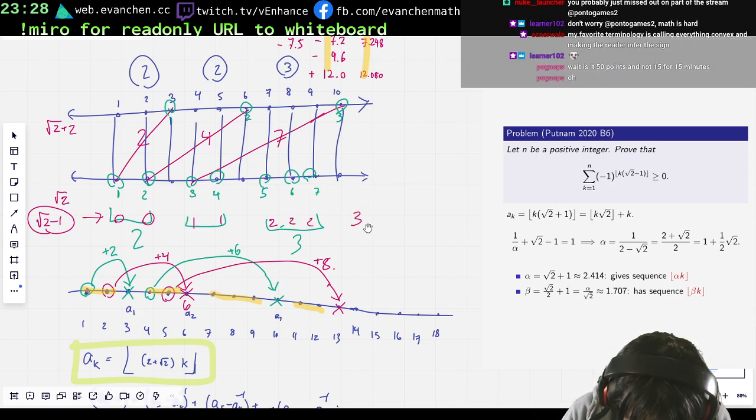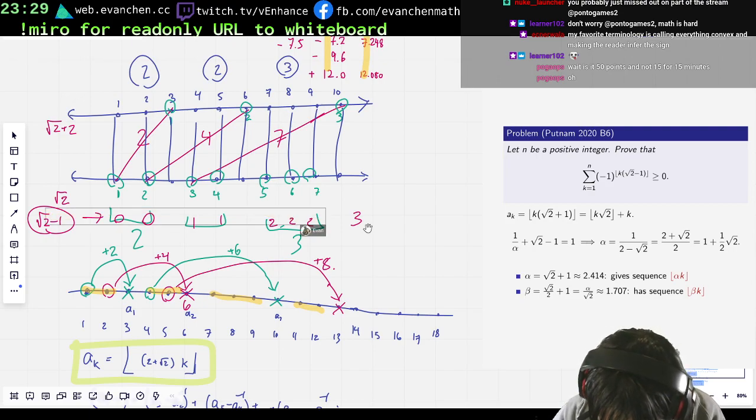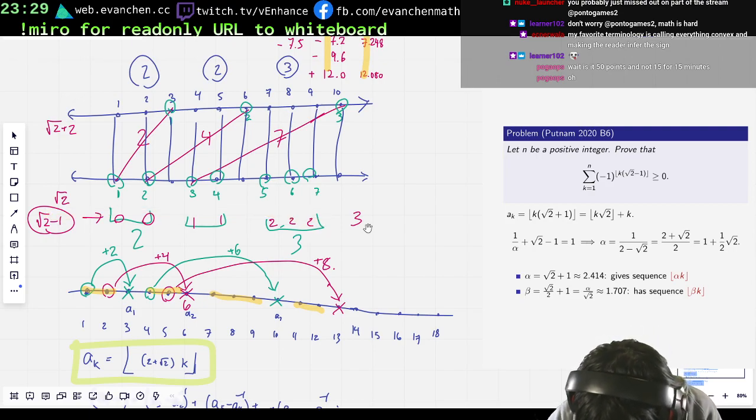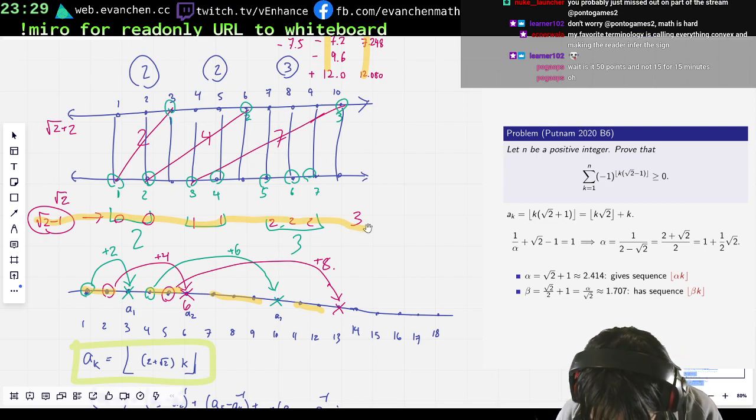So because of this line here, the parity changes exactly when there's gaps in the root 2 sequence.